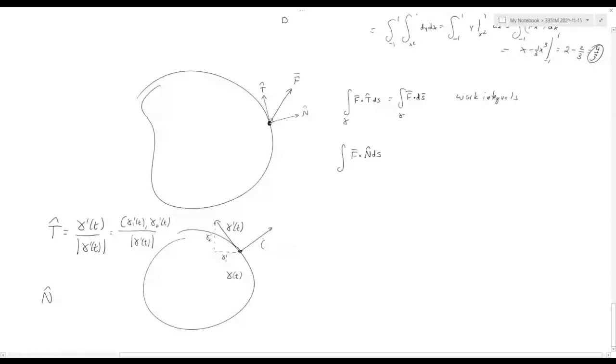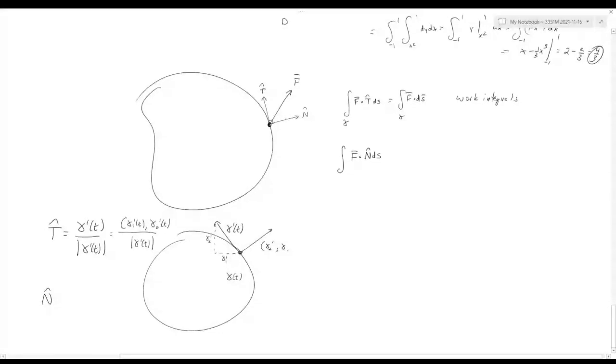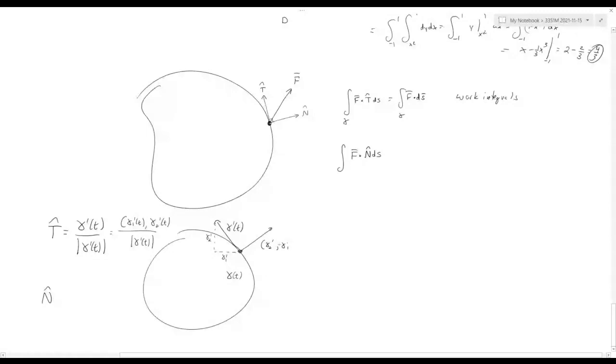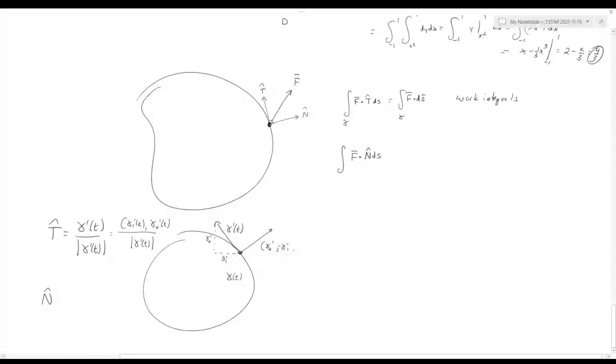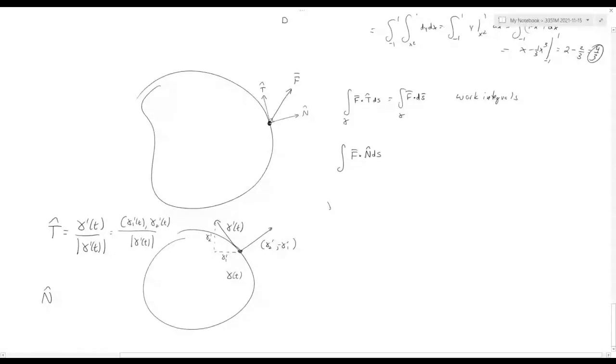So the x component would be gamma 2 prime, and the y component would be negative gamma 1 prime. Indeed, gamma prime is gamma 1 prime, gamma 2 prime. Dot that with this new vector, and if you take the dot product, you get 0. So these are necessarily orthogonal, and this also has the right orientation.